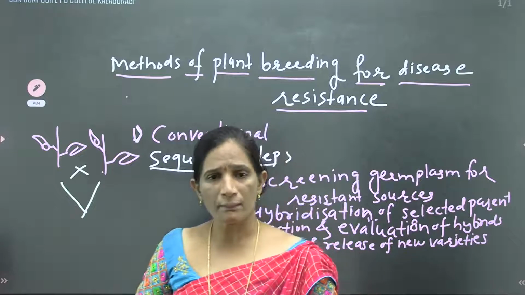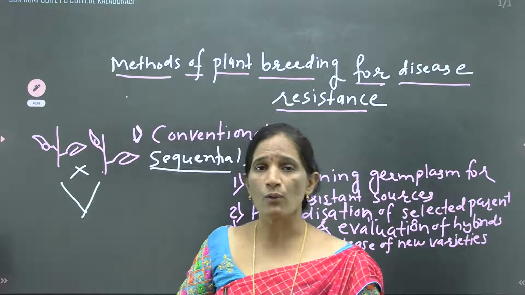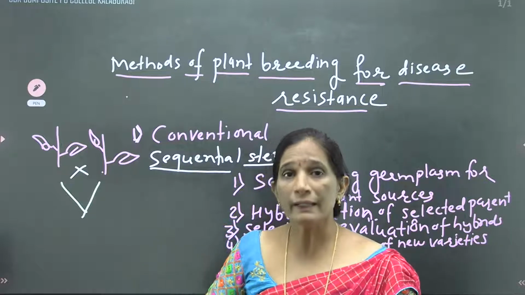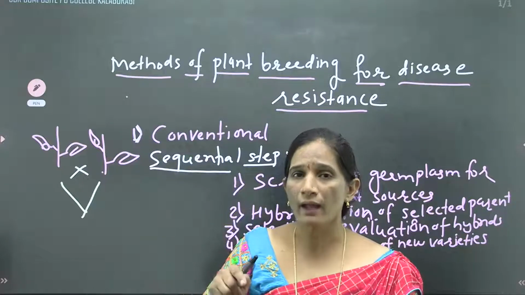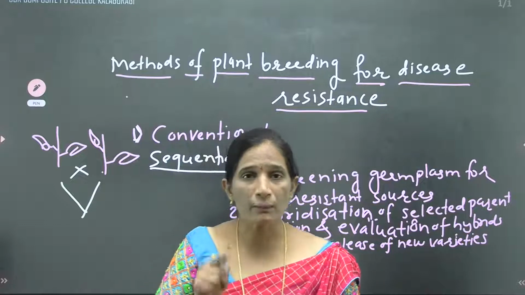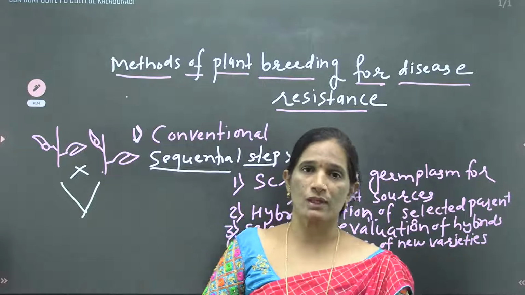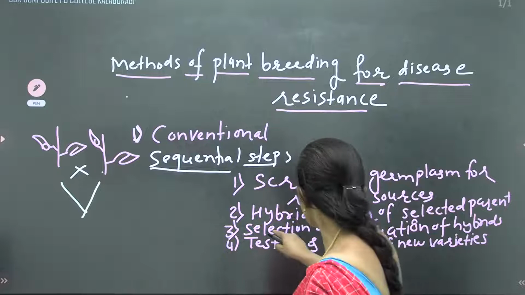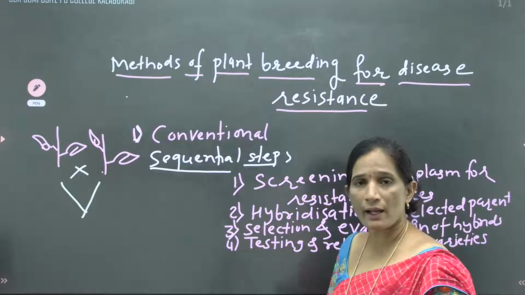Maybe in a previous class I told you that hundreds to thousands of progenies are formed. In those progenies, only one plant has the desirable character, so that plant we have to select. Selection and evaluation of hybrid.